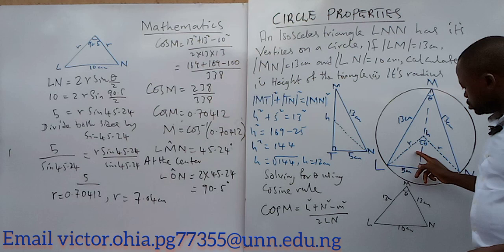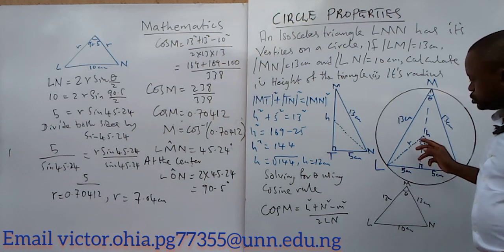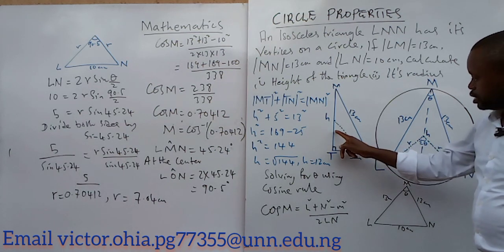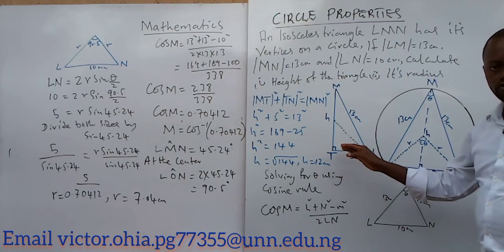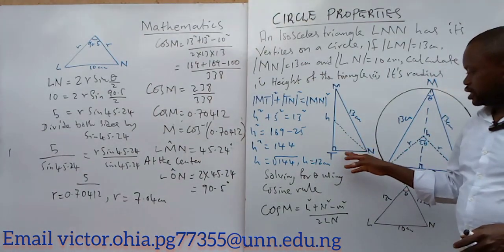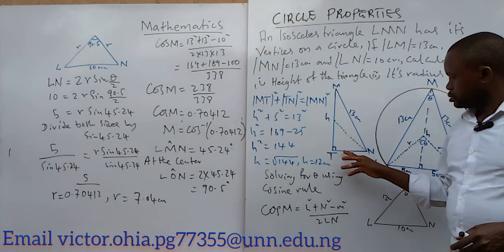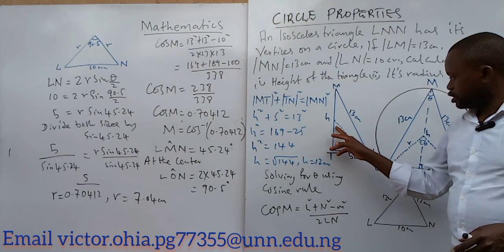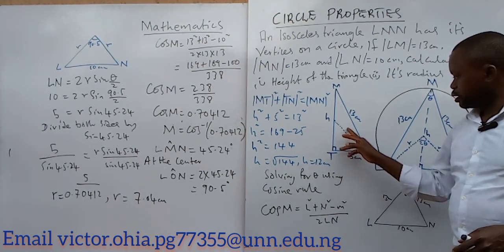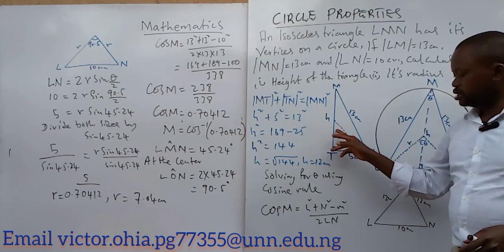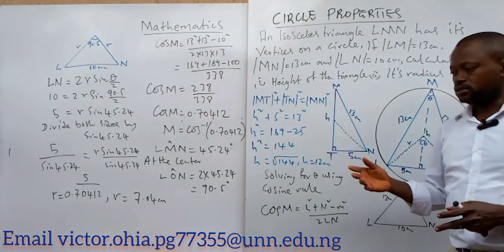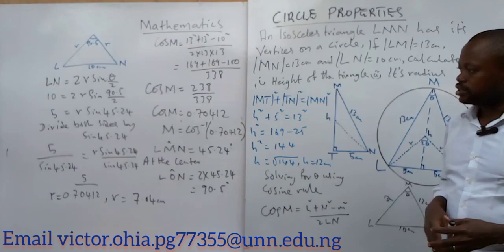You can choose to use that and extract a right angle triangle here, and then use SOHCAHTOA. If the angle here is available and I'm looking for this, the ratio of opposite side and hypotenuse side is the sine of that angle. So you can still use that method to find that radius.